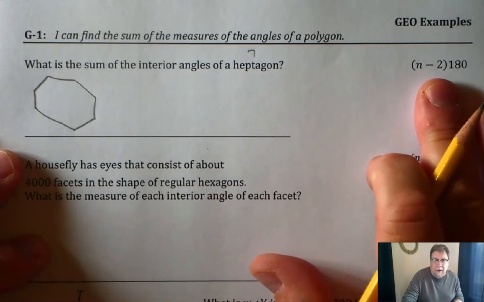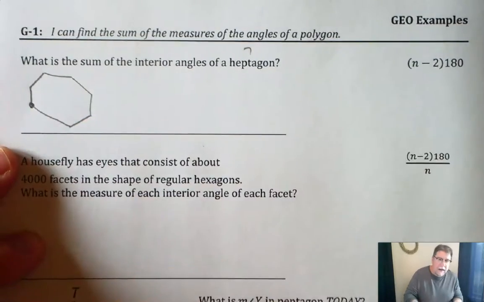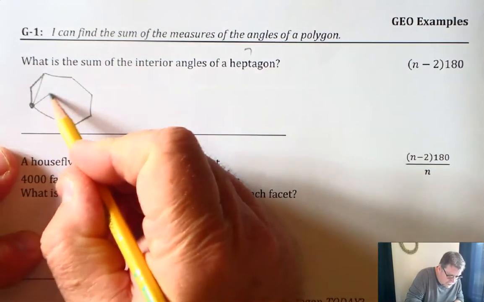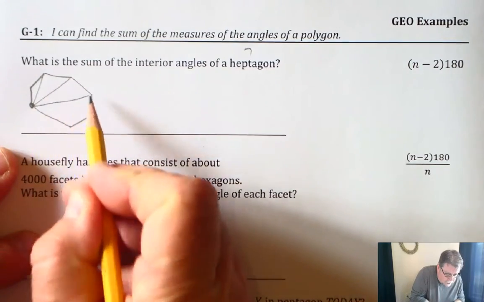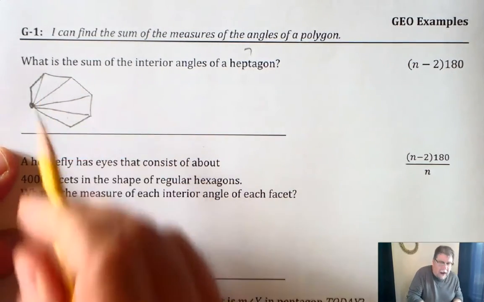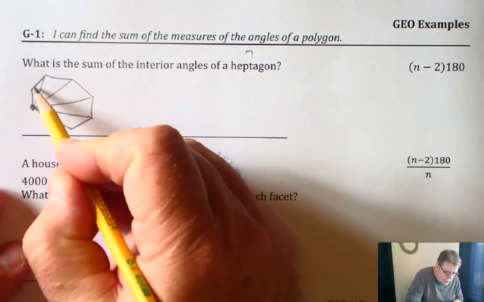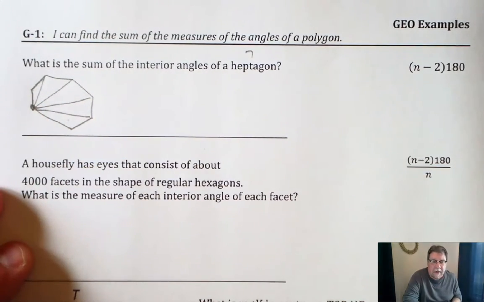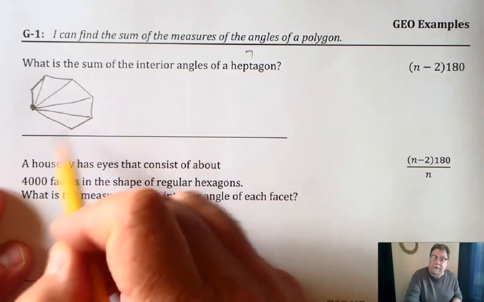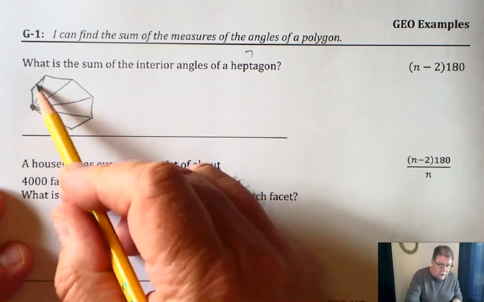Well, we could use the formula, but in order to understand the formula, let me start with this point and draw all the diagonals. I would create 5 triangles. In each triangle, the sum of the angles is 180 degrees. So it makes sense that since I have 2 fewer triangles than the number of sides, this formula would tell me the sum of those angles.